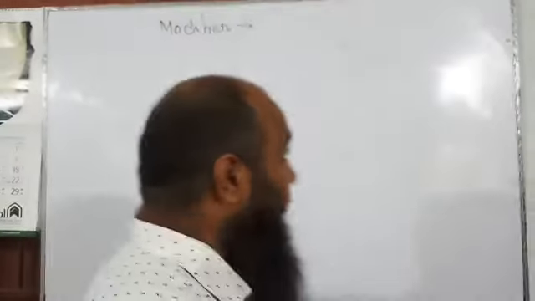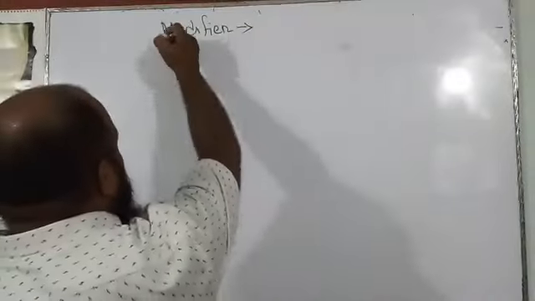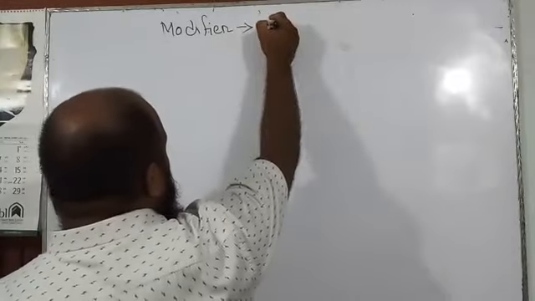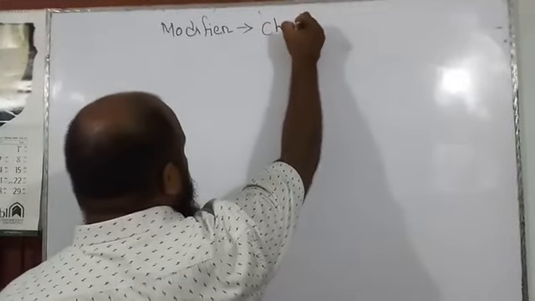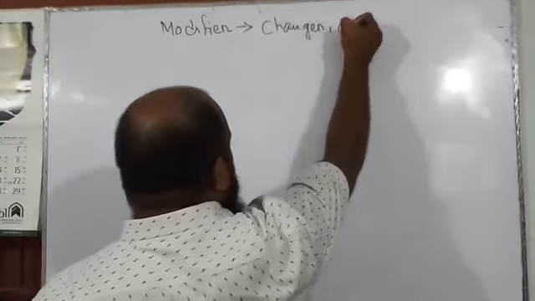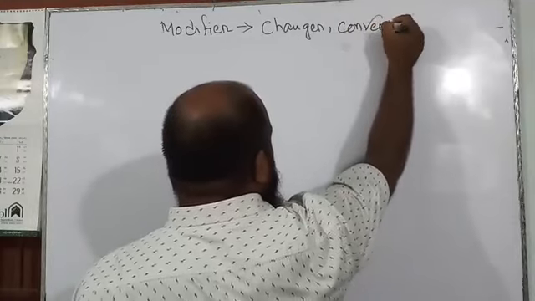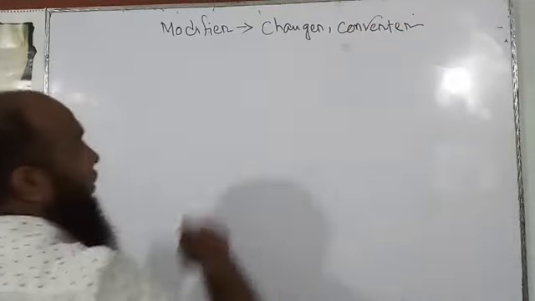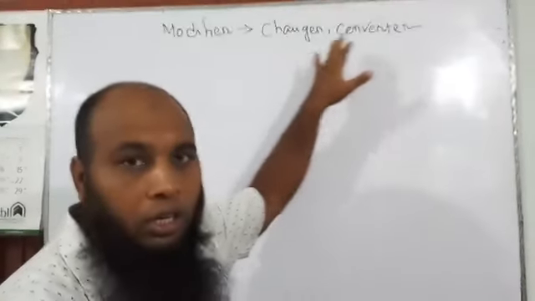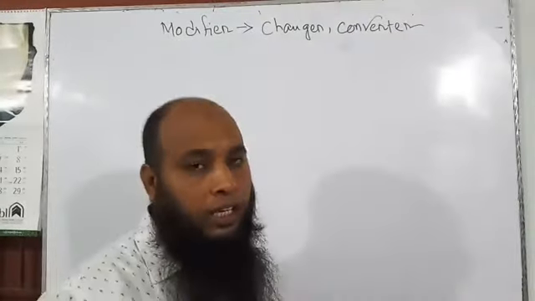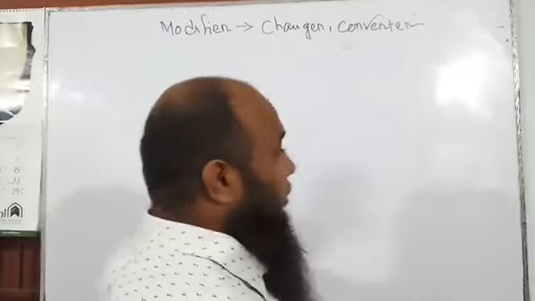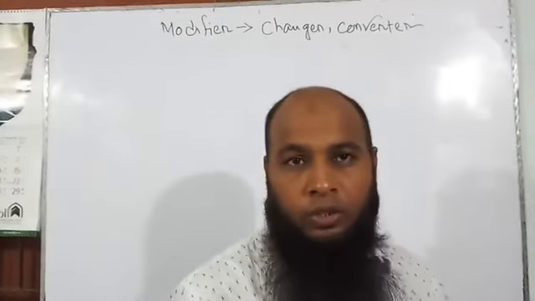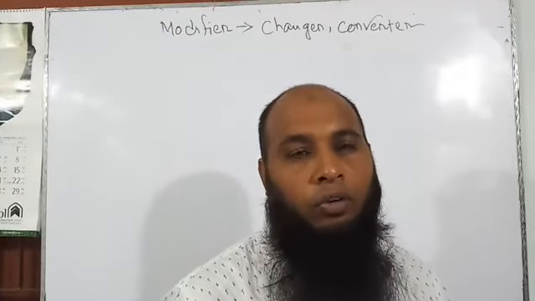Now you see, the other synonym of modifier is changer or converter. I am not taking this as the definition of English grammar, rather it is found in the dictionary.